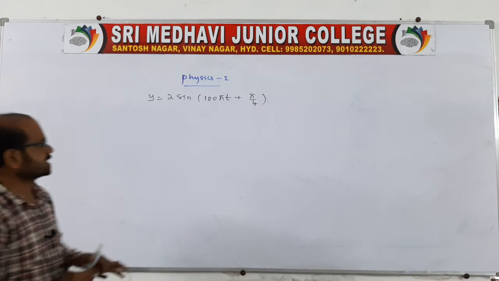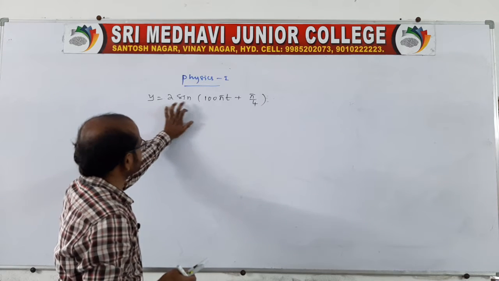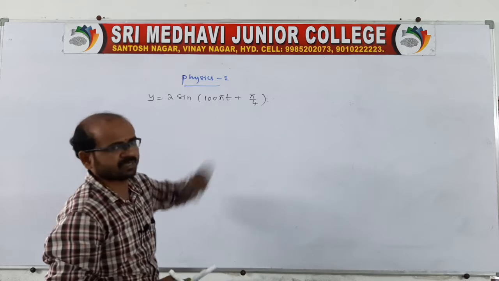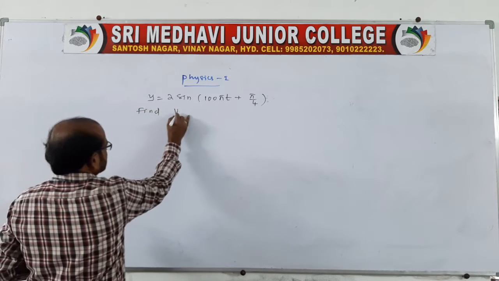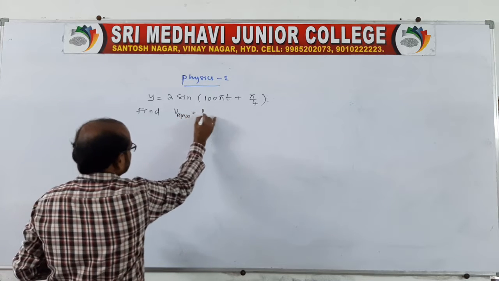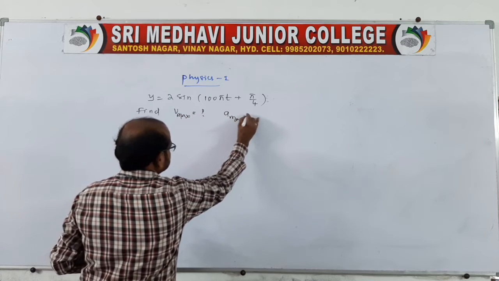So the displacement equation, y is equal to 2 into sine of 100 pi t plus pi by 4. Then find, it is asking now, V maximum and A maximum.